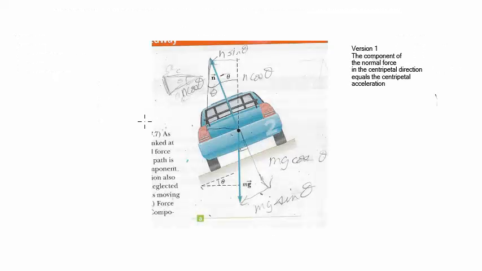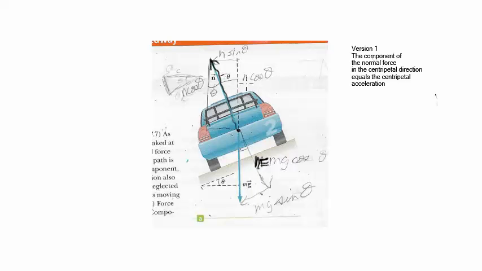Now, if this were the case, then we would have the normal component of the gravitational force pulling down on the car in that direction at mg cosine theta. And so we'd have an equal and opposite normal force pushing this way, which would also be mg cosine theta.